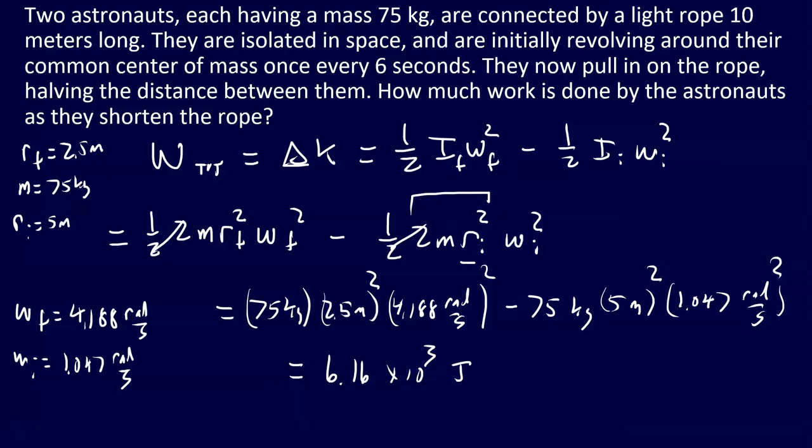So in doing this, the astronauts did positive work on their system. They added kinetic energy, added mechanical energy to the system of an amount 6.16 times 10 to the 3 joules. So they added that much kinetic energy, and again, that's the work that they did. Okay, so hope this helps.